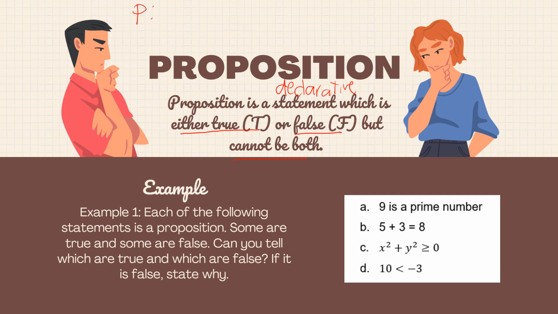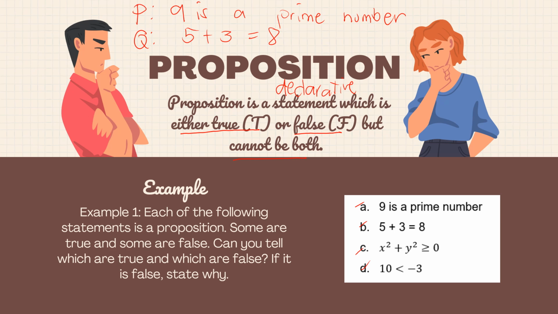So, these are examples of proposition. This A, B, C, and D. So, we have proposition P. 9 is a prime number. If we have other propositions, for example, we have Q proposition. 5 plus 3 equals 8.